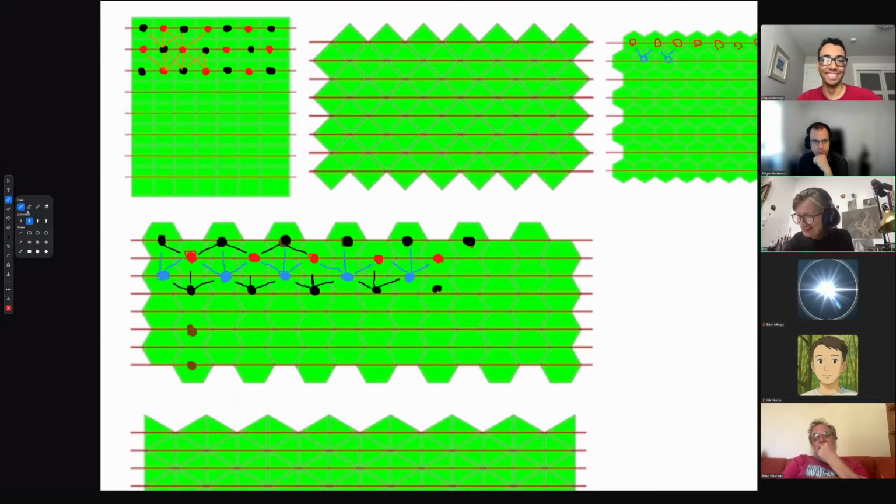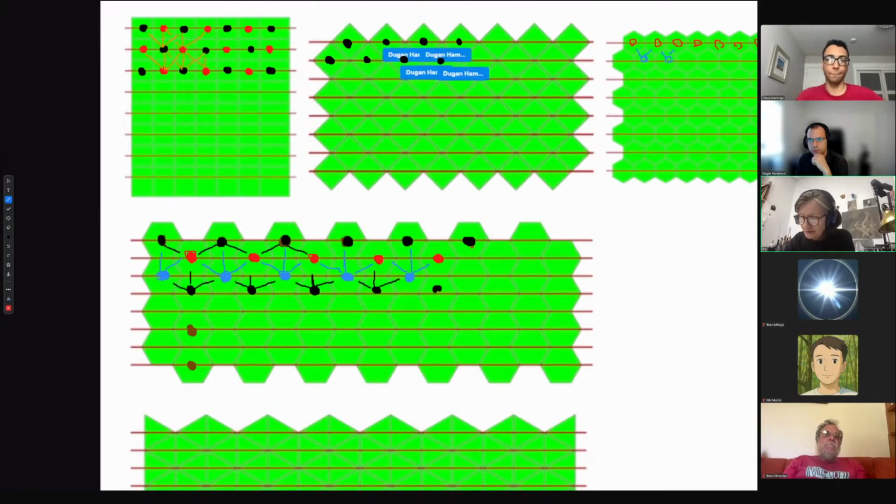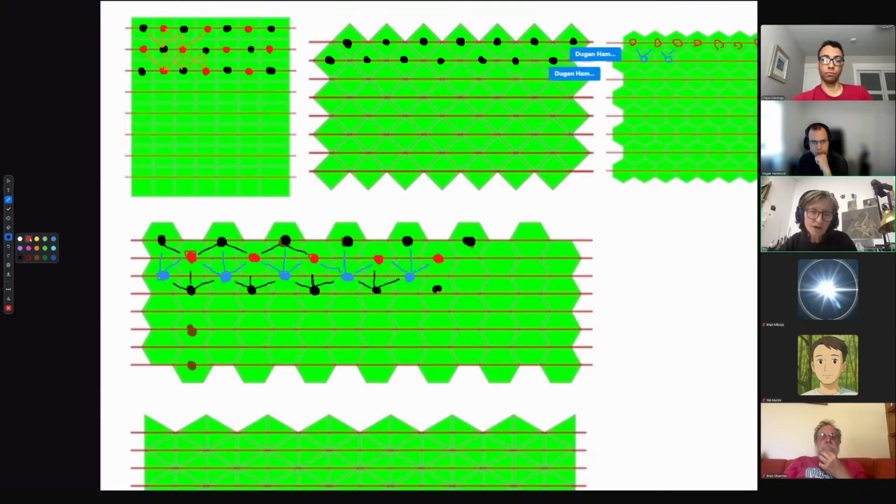But another thing that strikes me about seeing some of these rules in these different geometric systems is reversibility. Some of these rules which are not reversible on a square grid look reversible on other grids.